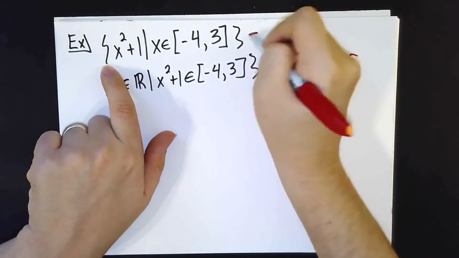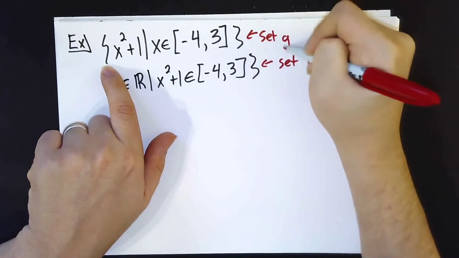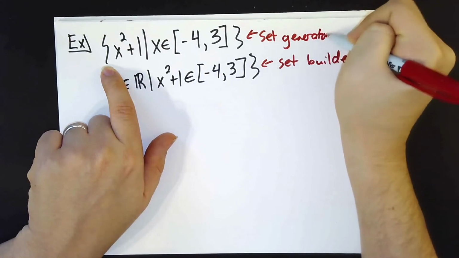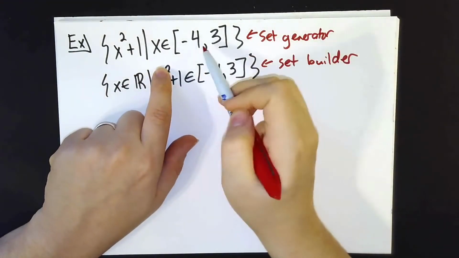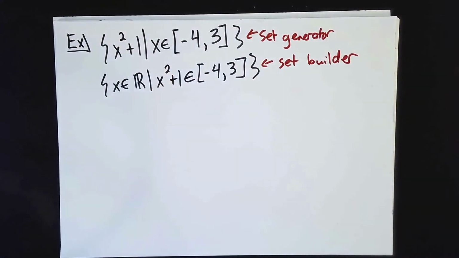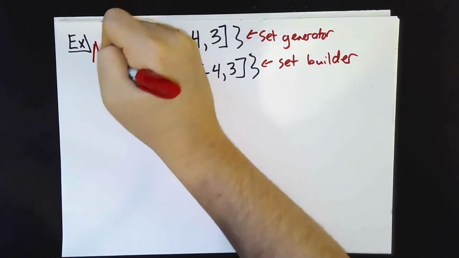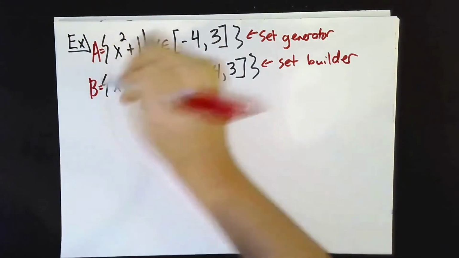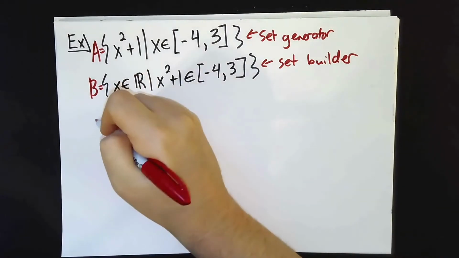Whereas this is the set generator notation that we talked about second, where I'm saying plug in everything here to get everything over here. If I go ahead and write this as A and this as B, then I can figure out, okay, what is A?